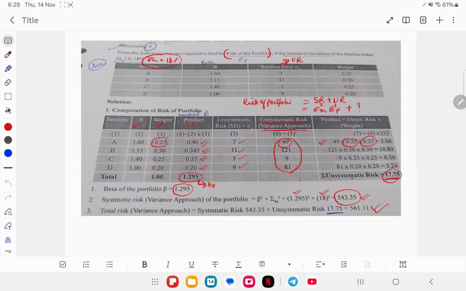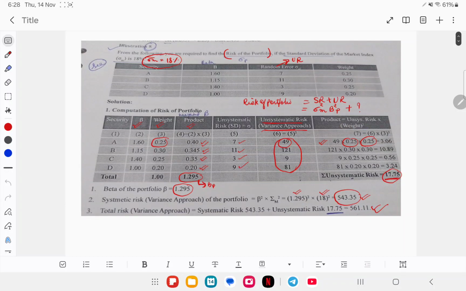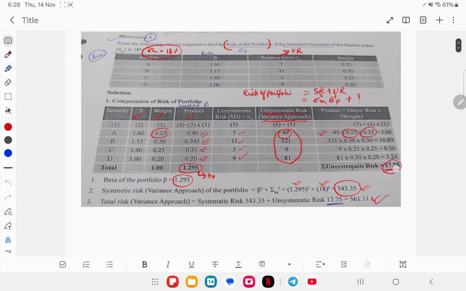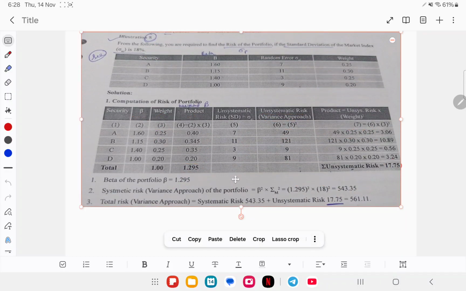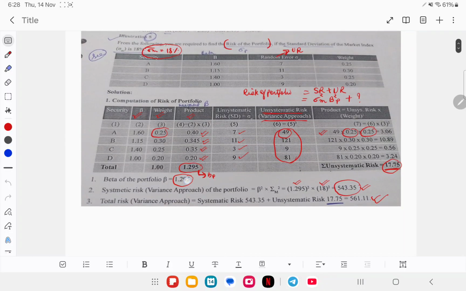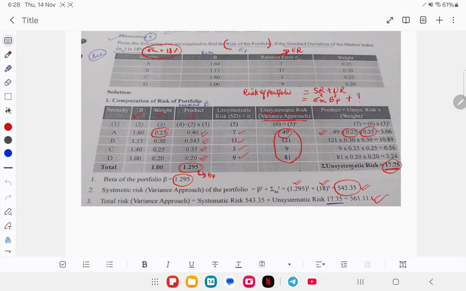Now, I have already taught you how to calculate unsystematic risk in the previous question. We'll basically multiply the unsystematic risk of the stock with the weight square of the stock to come to this solution of 17.75. Systematic risk is basically the beta square of portfolio, which we have already calculated by multiplying weight with the beta of the stock.